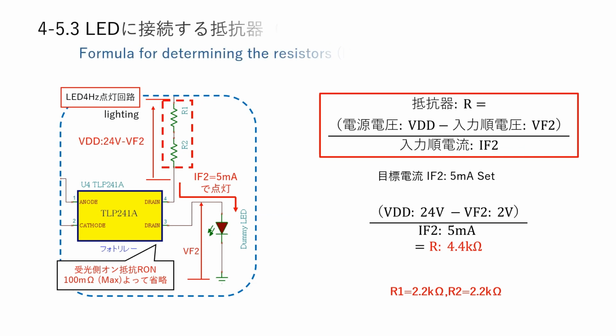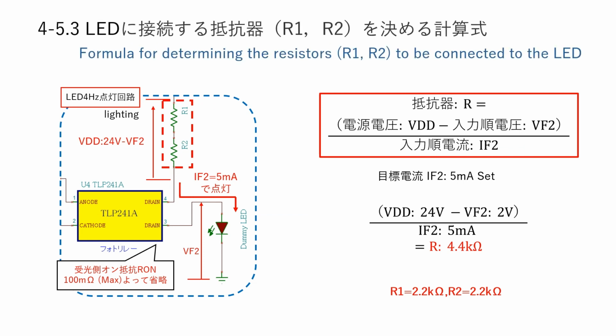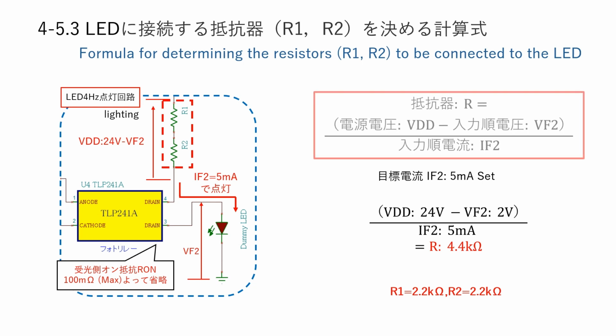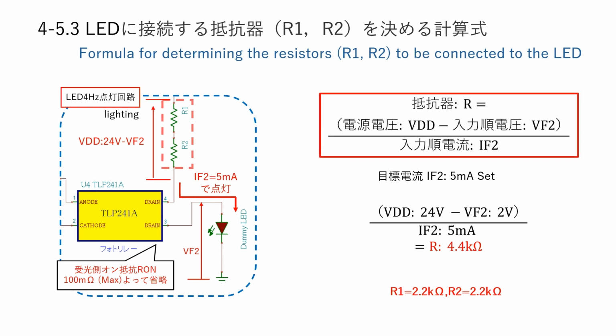4-5.3 formula for determining the resistors, R1, R2, to be connected to the LED. The calculation formula is outlined in red. VDD is 24 volt. The target current is IF2, 5 mA.